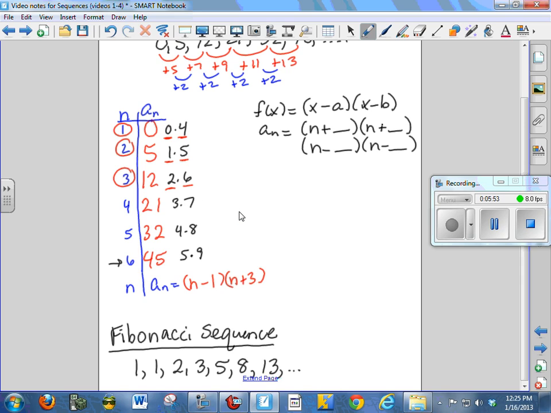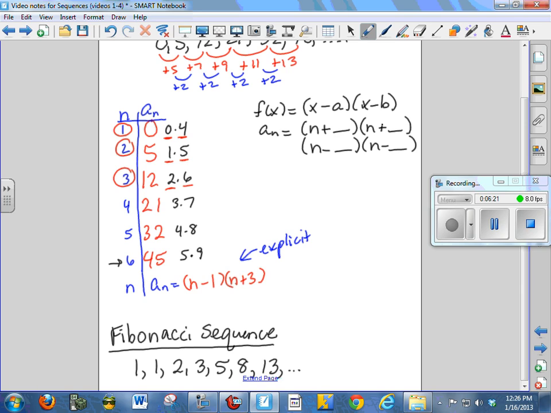So this is something you can do with a quadratic pattern: think of it as two numbers multiplied together, find a pattern for each of those two numbers, and see how each is related to the term number. So there would be a rule. Notice that it's an explicit rule, because I could plug in any value of n and find what the term is.